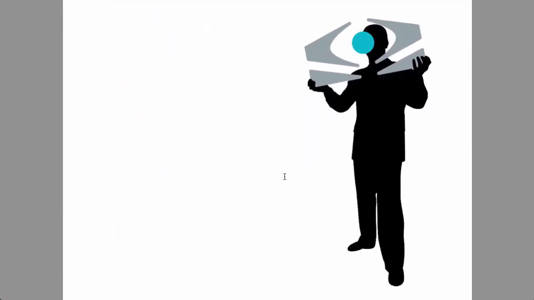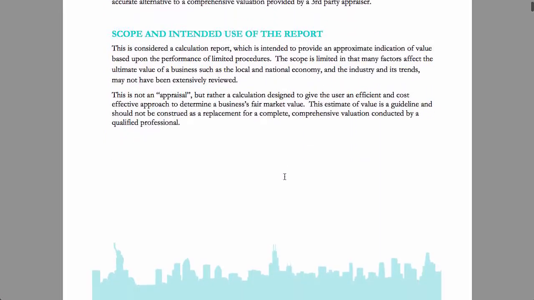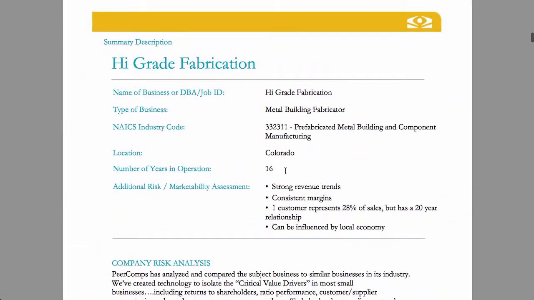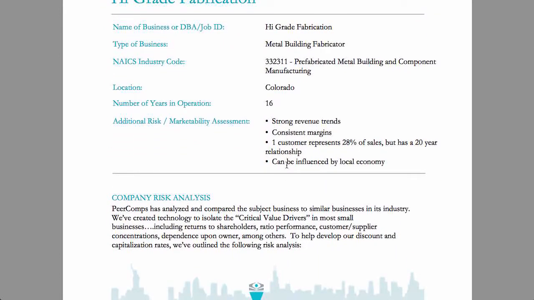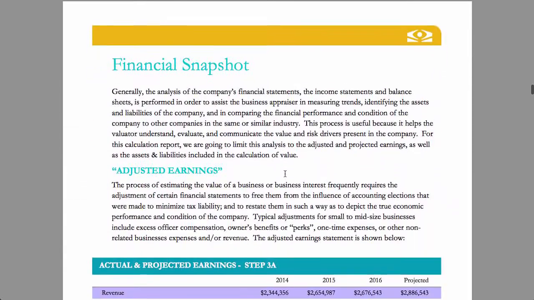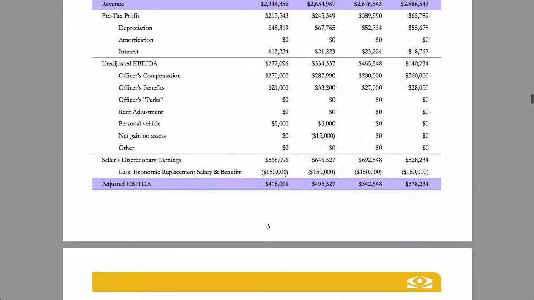And the report itself discusses the purpose, the key terms and definitions, the information about the company that you put into step 1, which is the setup page, the risk section, as well as the financial section.